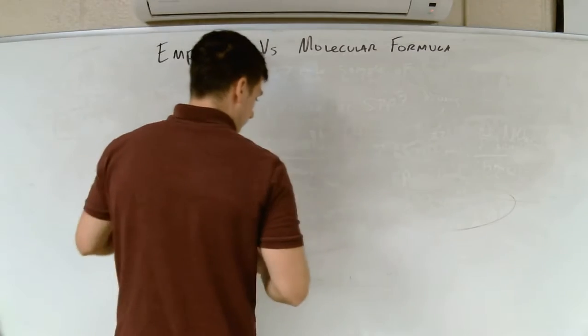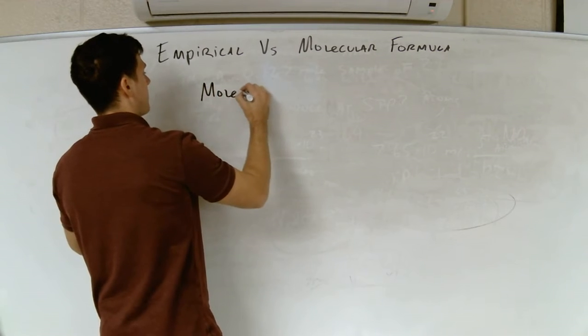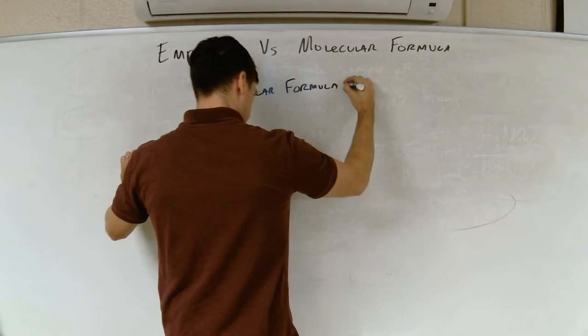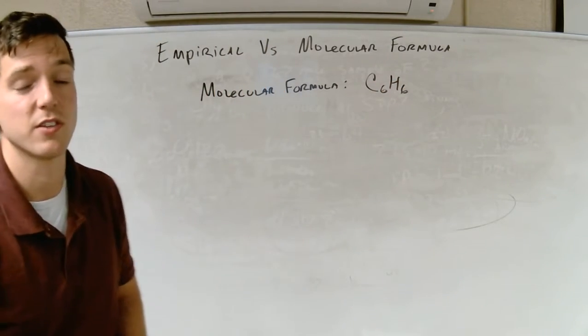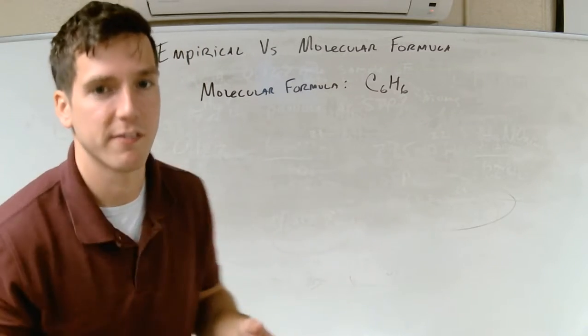So I might have a molecular formula that is C6H6. Okay, so that might be the molecular formula. Well, the empirical formula is just the simplified version of that.